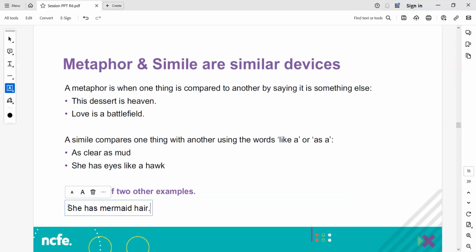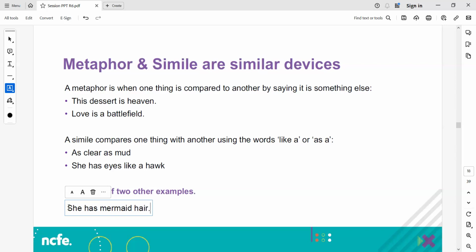Metaphor. Good. How do you know it's a metaphor? Because you are not comparing with another one. Well, we're saying that she's got mermaid hair, so she hasn't really got mermaid hair, but we are comparing it to a mermaid, but we're not using the word like or as a.